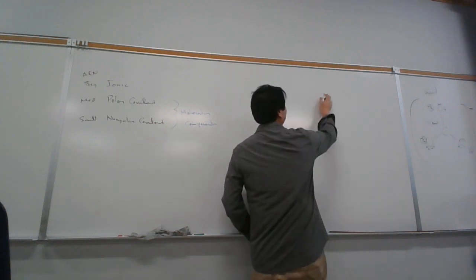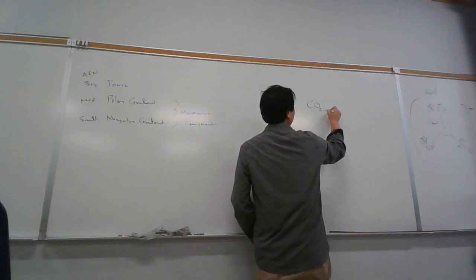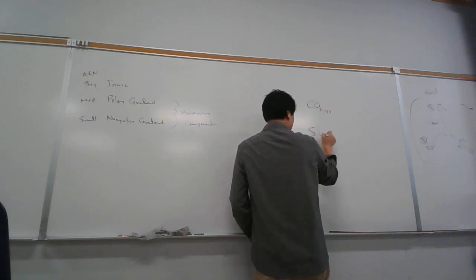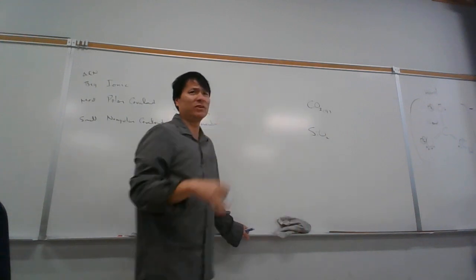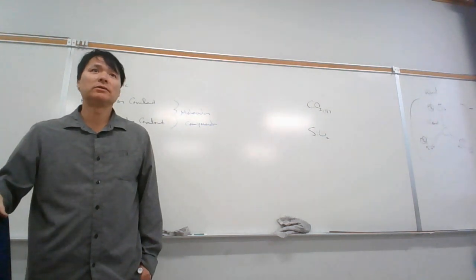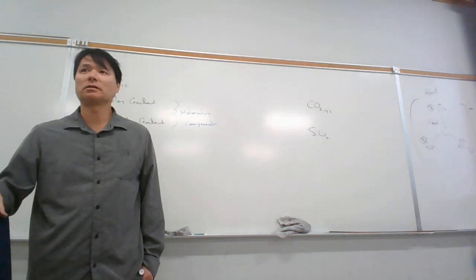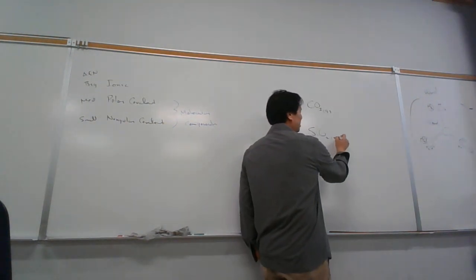And so CO2 is a gas. What do you think SiO2 is? Carbon and silicon are in the same family. You would think SiO2 is a gas. But SiO2 is not a gas, it's a solid.